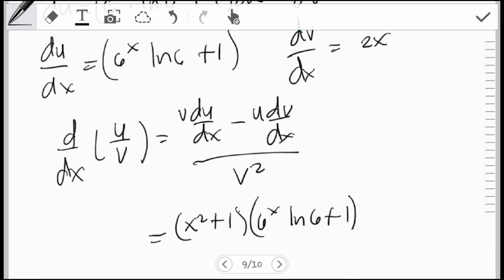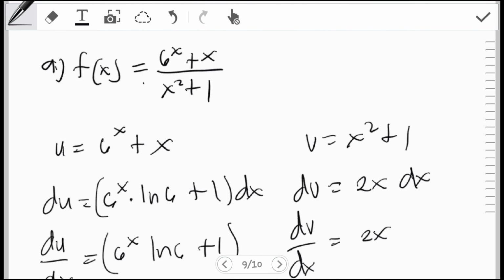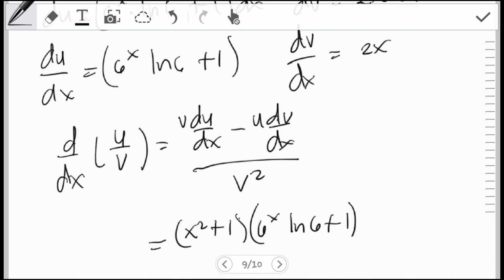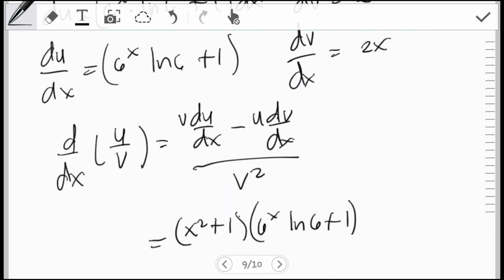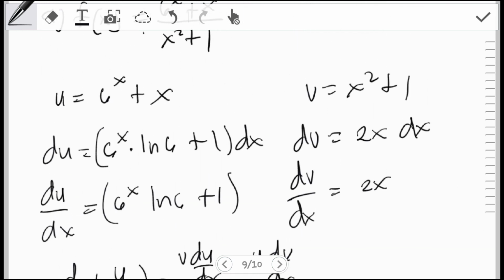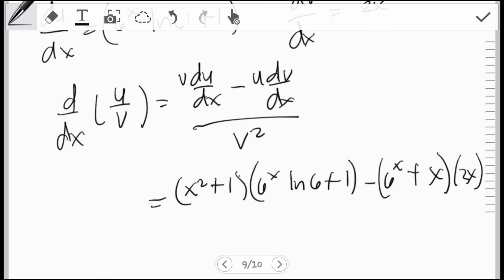Then u here is 6 to the power x plus x. So dv over dx, that is 2x. Okay. Over v, which is x squared plus 1.